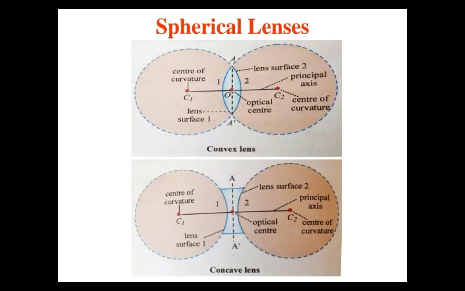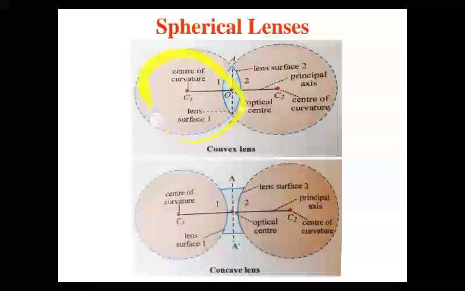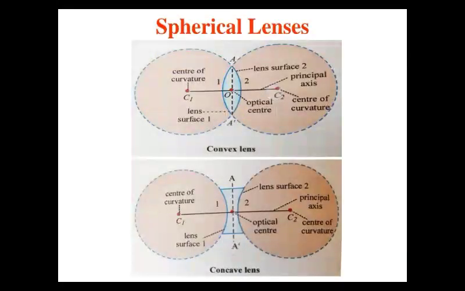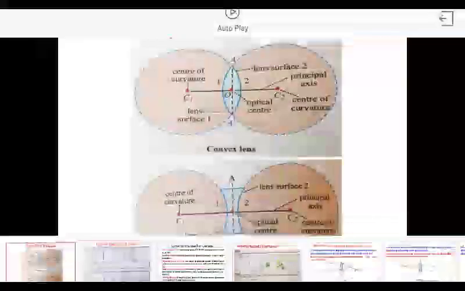Now the center of this lens is known as the optical center. In the same way, the center of this concave lens is known as the optical center. It is denoted by O. Now this C1 is the center of this sphere, and C2 is the center of another sphere.